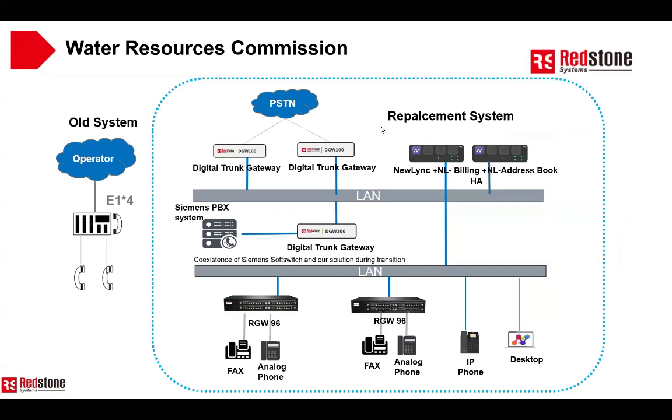So to meet the flexibility needs, we used the NewLink 2.0 enterprise communication platform as the core management node, and to ensure the system reliability, we integrate with the RGW series gateways to terminate the phones.